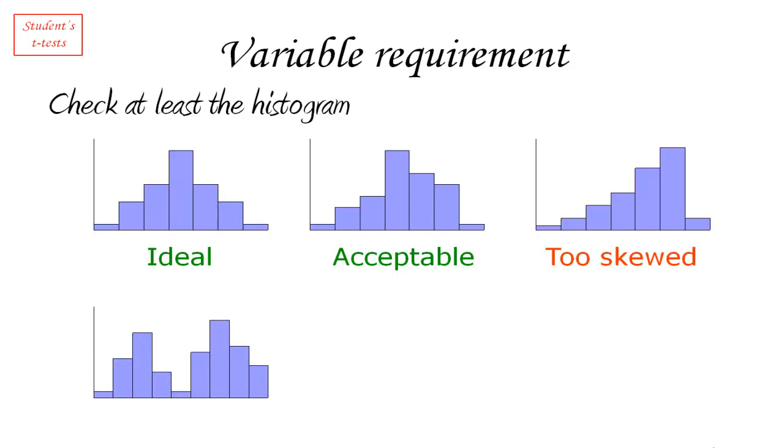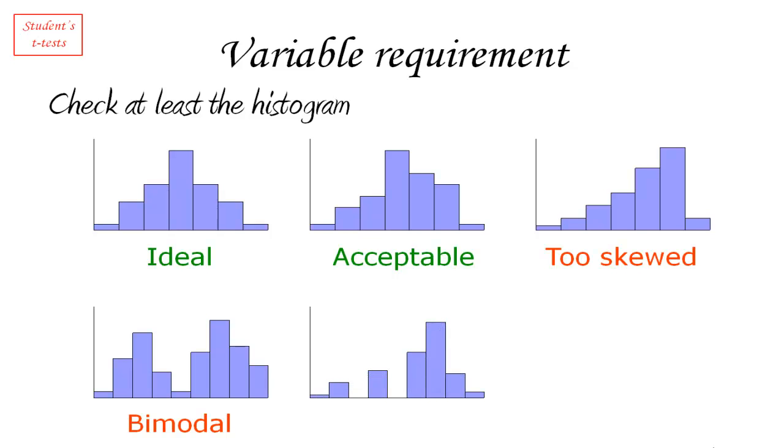Okay. There are other kinds of things that can go wrong. The histogram may look like this. Well, in this case, what we're really dealing with is two separate groups, aren't we? And so we shouldn't really be using this because it's what we call a bimodal kind of distribution. In order for it to be a bell-shaped distribution, it should have just one peak, not two like this one. The other thing is, remember, we're supposed to be dealing with a continuous variable, at least theoretically.